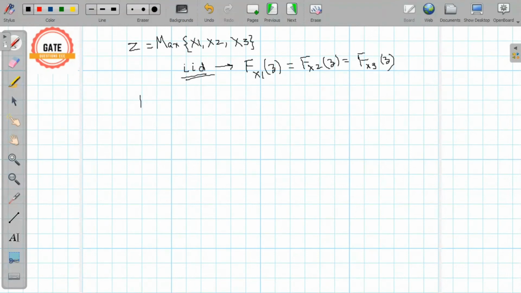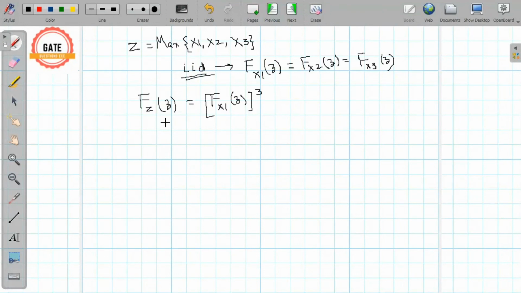The CDF of Z in this case will be equal to F of z, which we can write as F_X1 raised to power n. Here n is 3.